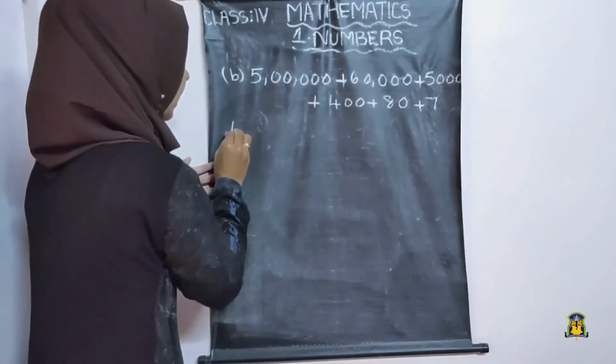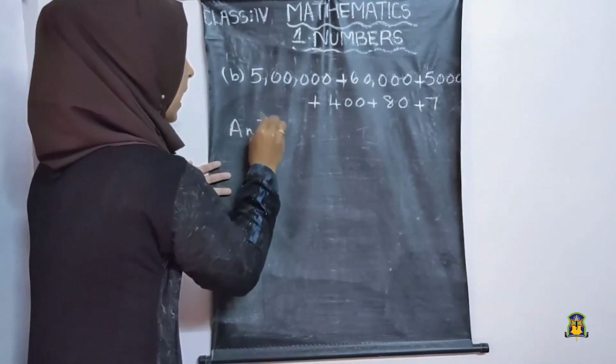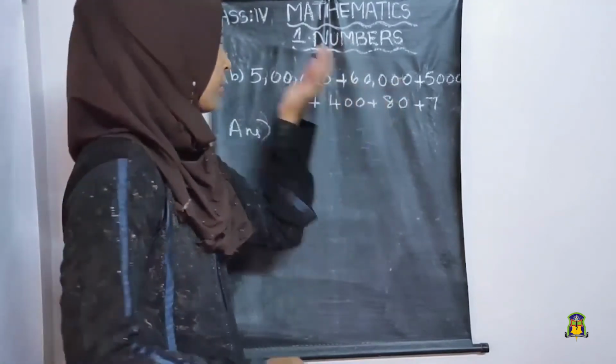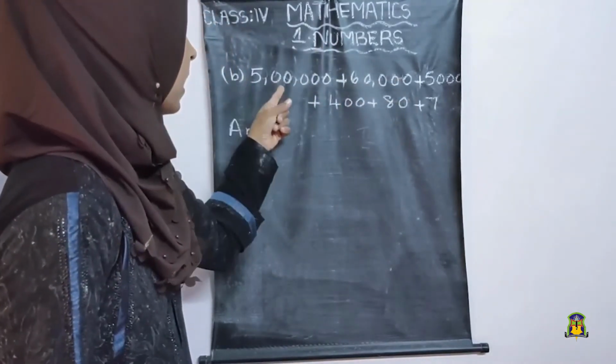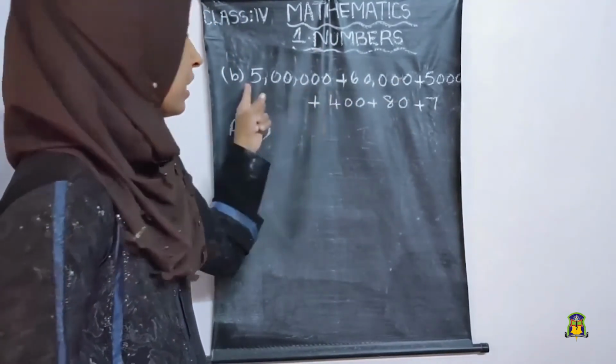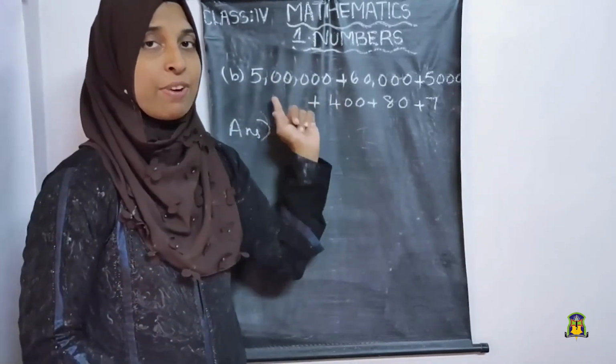We want to write the short form of this expanded form. For that, which is the greatest number here? It is 5 lakh.